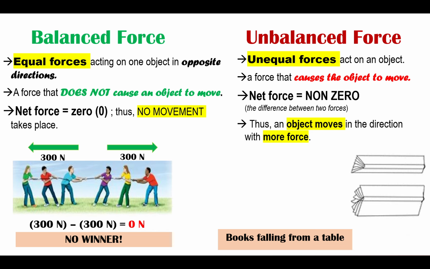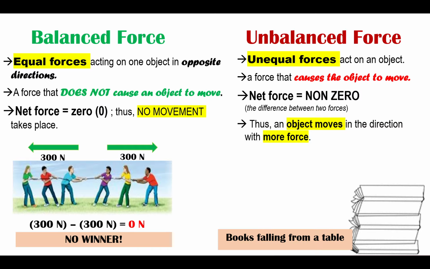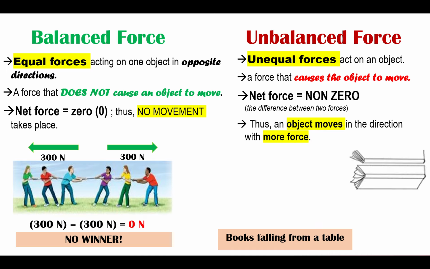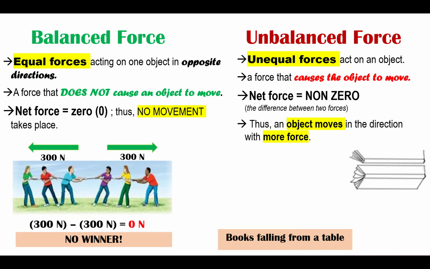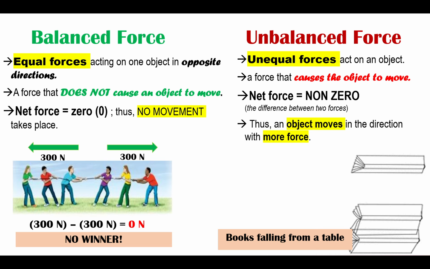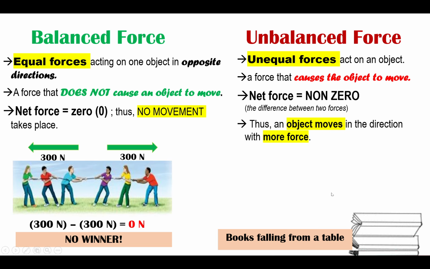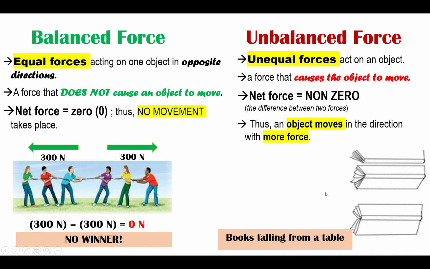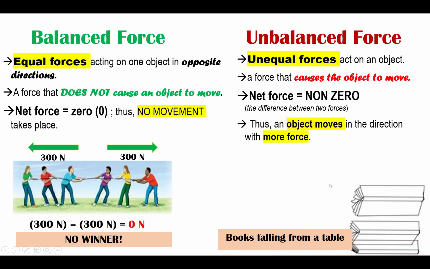Another example is books falling from a table. Remember, guys, gravity applies a downward force on the book. Again, gravity applies a downward force on the book. That's the force of gravity because gravity always pulls everything back to the center of the earth.